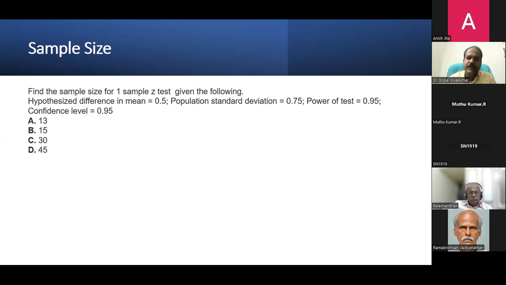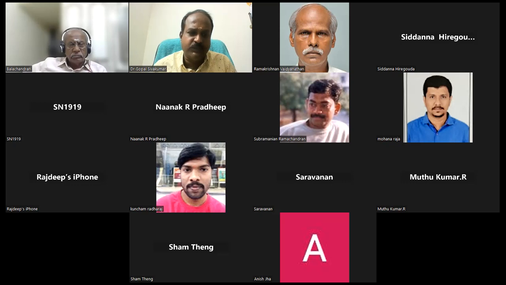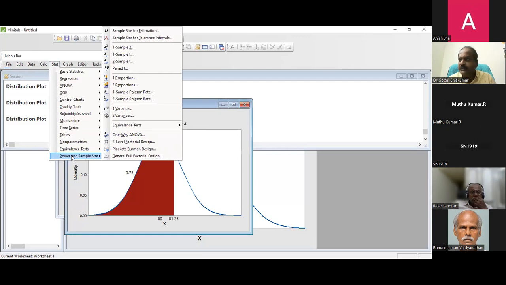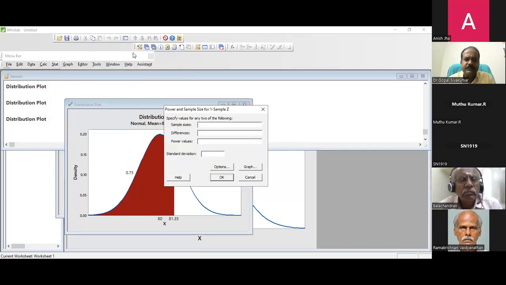I'll tell you, there is a feature in Minitab. That also I'll show you. Here is the Minitab. Now go to Stat. Can you see power and sample size? Go to power and sample size. Now the scenario is one sample Z test.